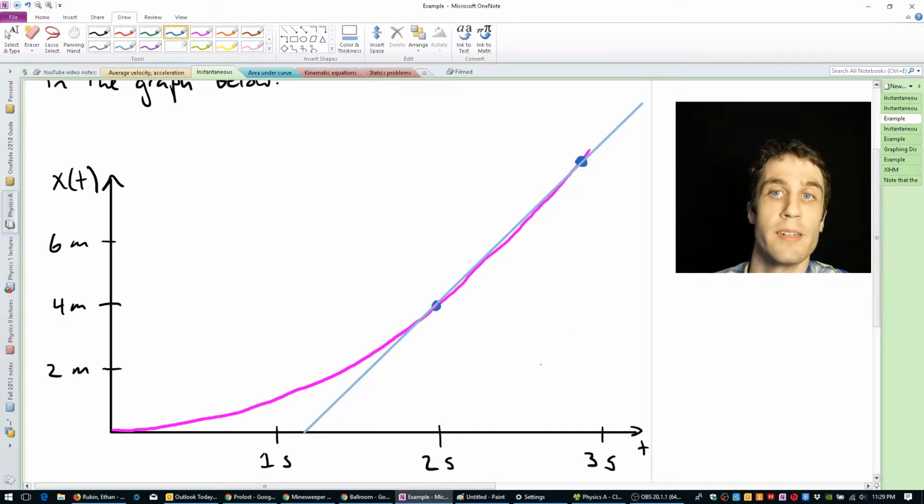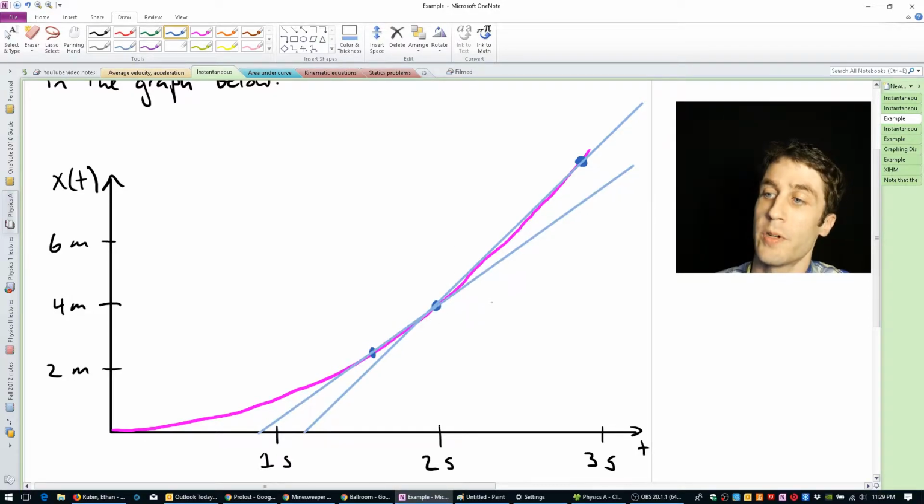That's an approximation to the instantaneous velocity. I could also find the average velocity from what looks like 1.5 seconds to 2 seconds. That's going to be another approximation. And in this case, oops, this line has to go through 2 seconds as well.